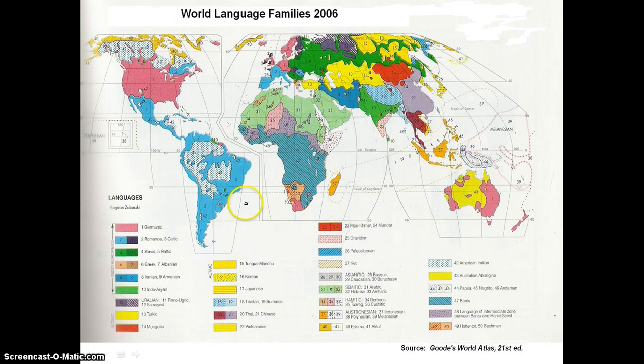Now, one of the things that people are concerned about is the way that some of these language branches are disappearing, and that there are fewer and fewer colors on this map. Especially if you look at the continent of Africa, you look at Brazil and the rainforest, in southern Southeast Asia, where some of these tribal languages would be spoken. There's some concerns that those will be stamped out.